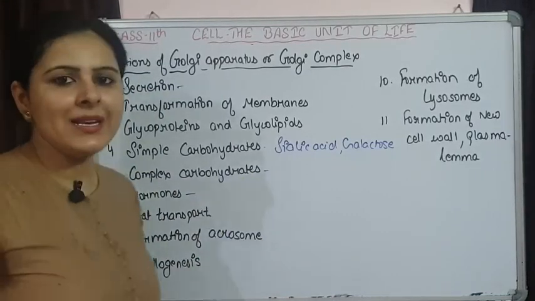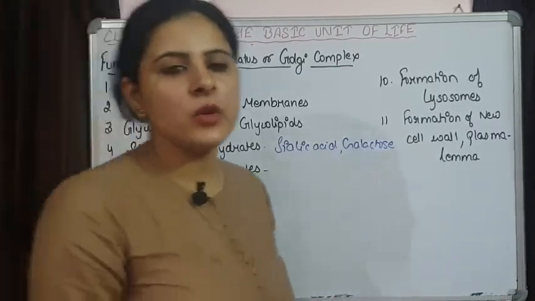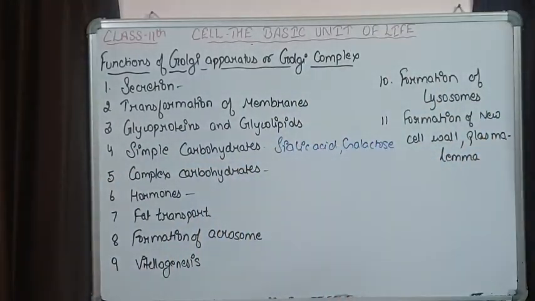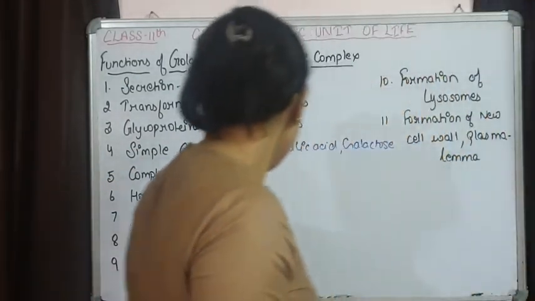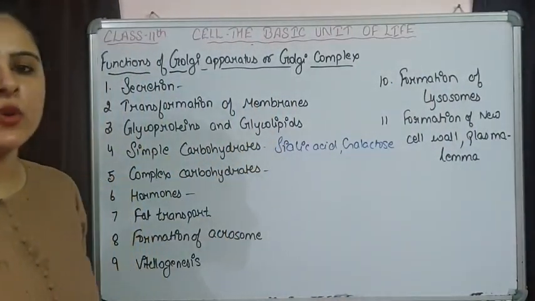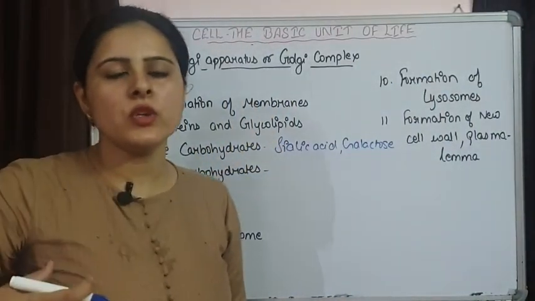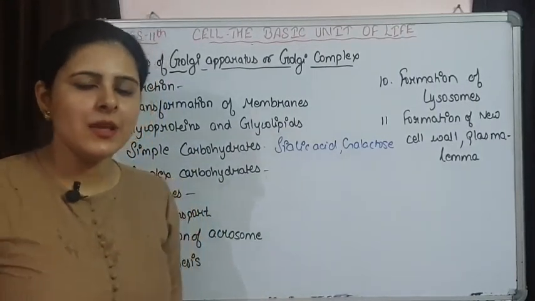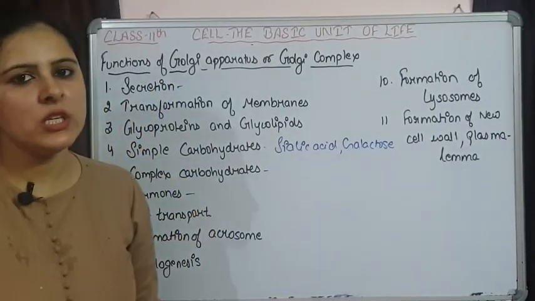Our endocrine glands are going to be associated with Golgi bodies for the secretion of hormones. Then fat transport: our intestine is going to absorb fatty acids and glycerols through the lacteals, which will be mediated by the Golgi bodies.